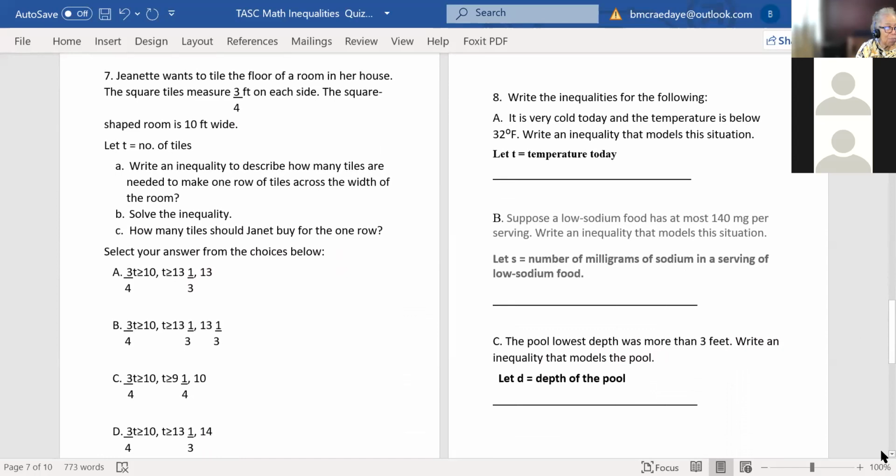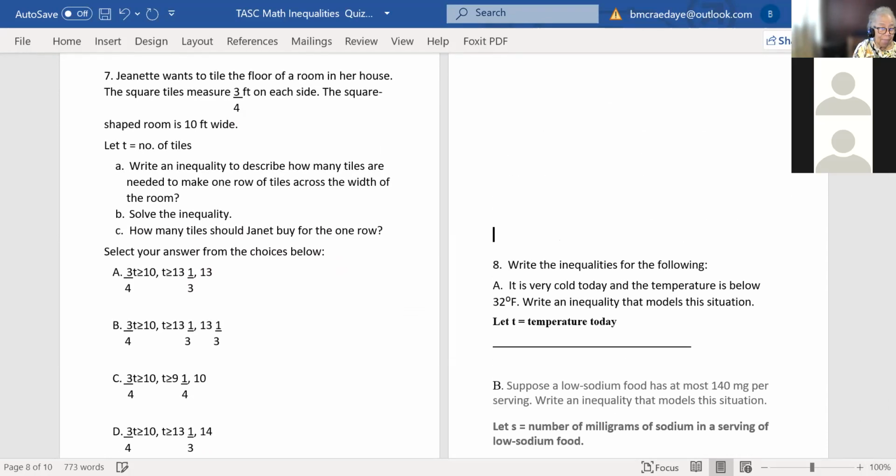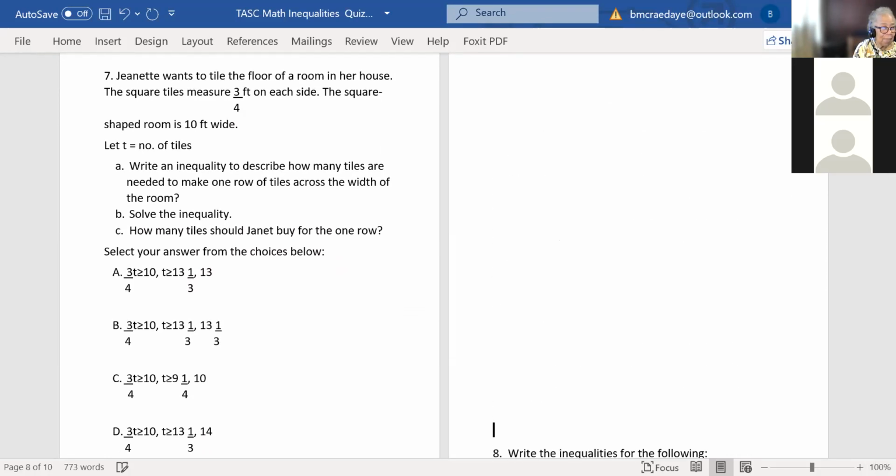I'll give you a few minutes to do this one. The square shaped room is 10 feet wide.